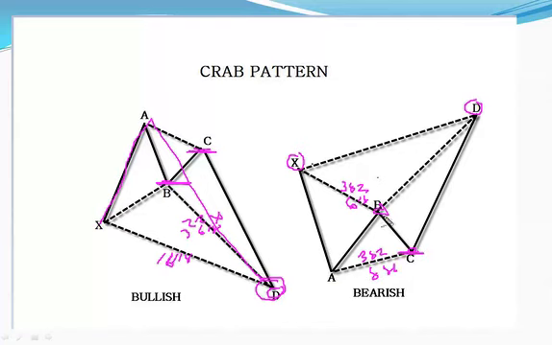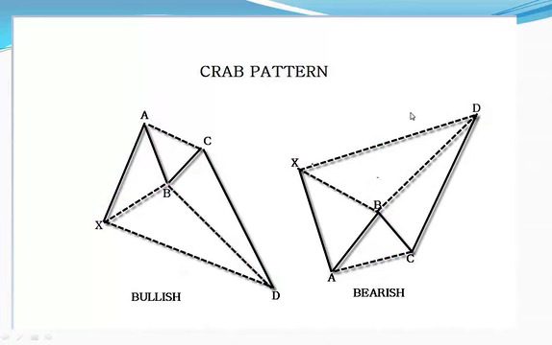From B to C up, it's a 224 to 3618 extension, and then from X to A up, it's a 1618 extension up. And that's giving you your D point in this whole harmonic or market geometry, your X, A, B, C, D in this particular pattern, the crab pattern.